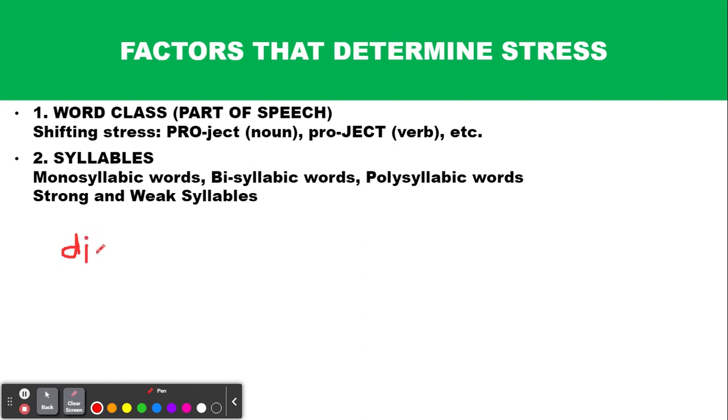All right? For example, look at the word divine. This word is made up of two syllables, di and vine. Stress is on the second syllable, and I will tell you why.